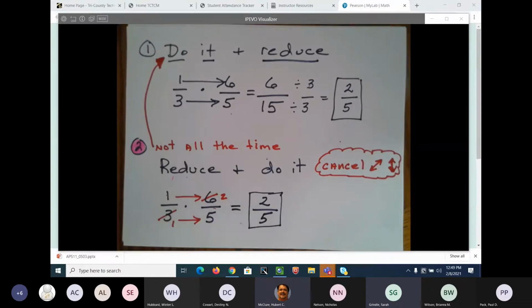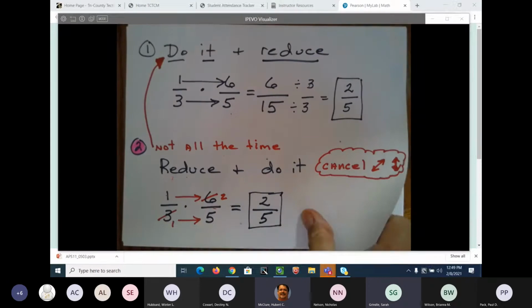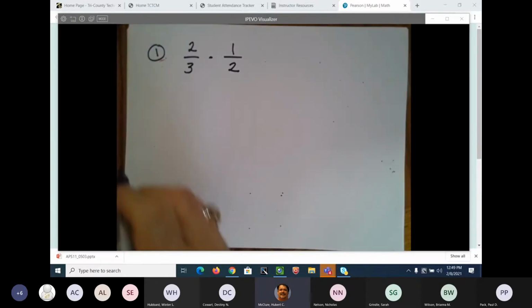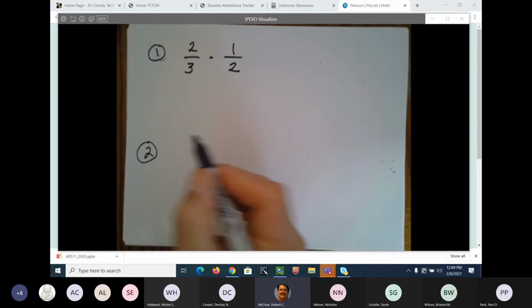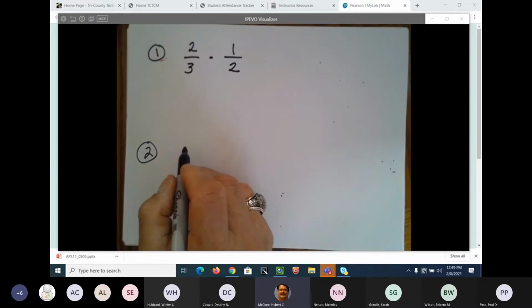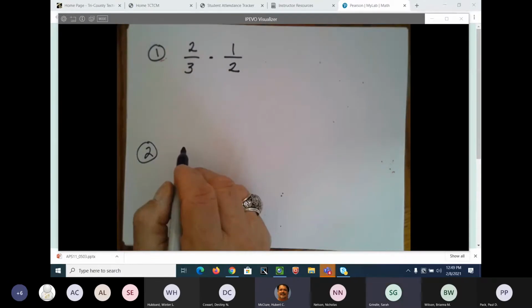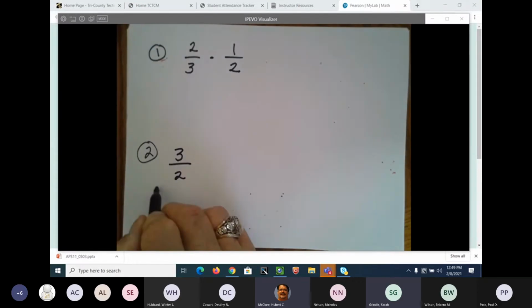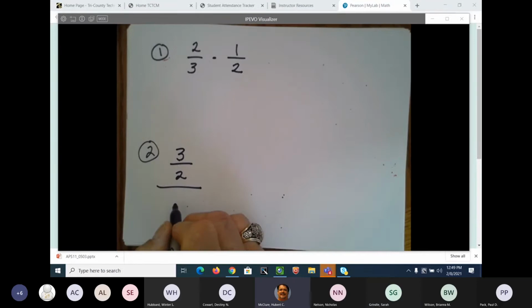So let's do a narrative. I'm going to do 2, and one's going to be multiplication and one's going to be division. So the multiplication, 2/3 multiplied by 1/2. And then down here, number 2, I'm going to take 3/2 divided by 1/2.